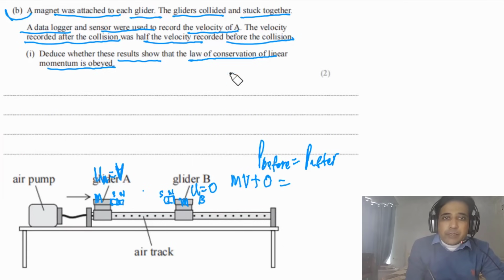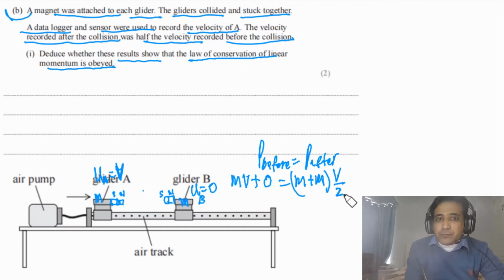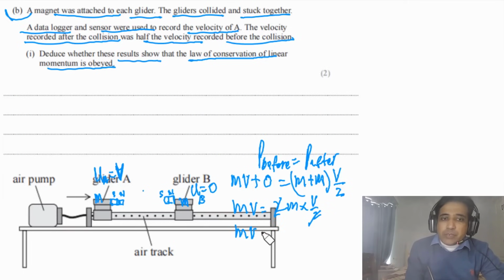For the final momentum, they stick together, so the total mass is m plus m, and they move together with the same velocity, which is half of the initial velocity, meaning V by 2. So from here you can see that we have 2m times V by 2, so this 2 will be cancelled with this one, so we can see momentum is conserved.